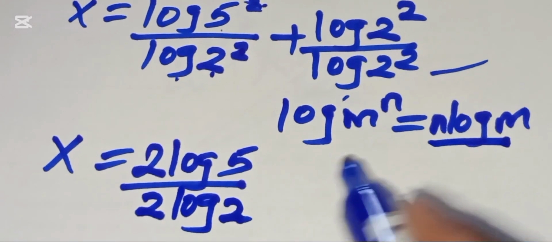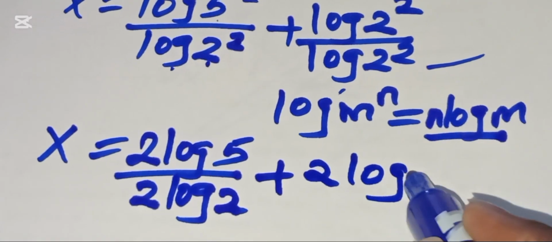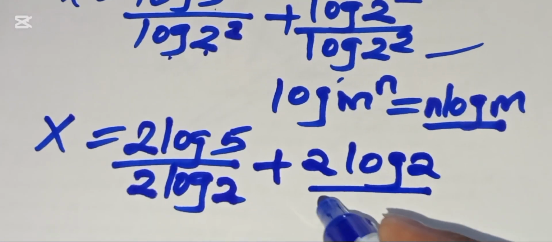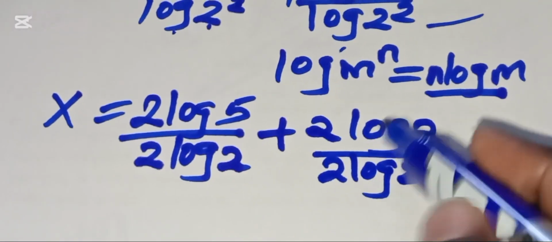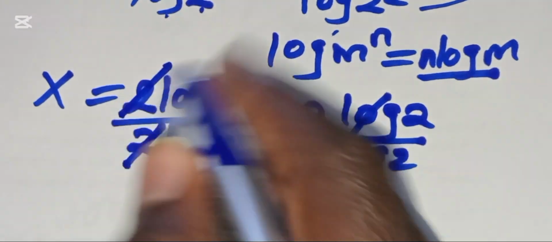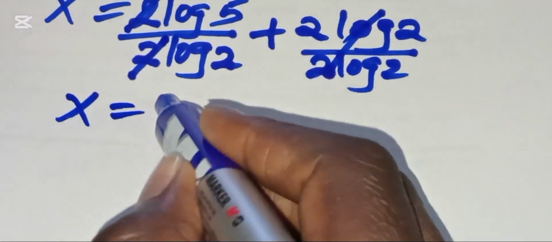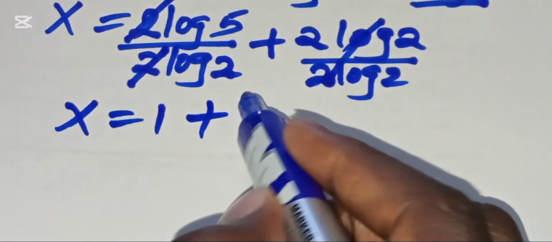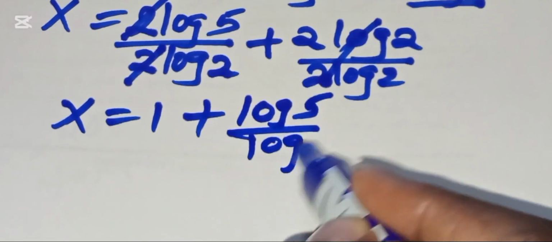Plus, this is the same thing as 2 log 2 divided by 2 log 2. As you can see, this is the same thing. We simplify here, and the 2 and 2 simplify, so that we have 1 plus log 5 divided by log 2.